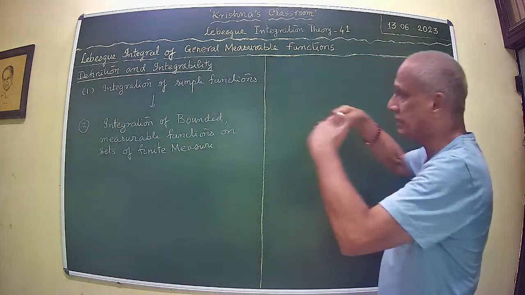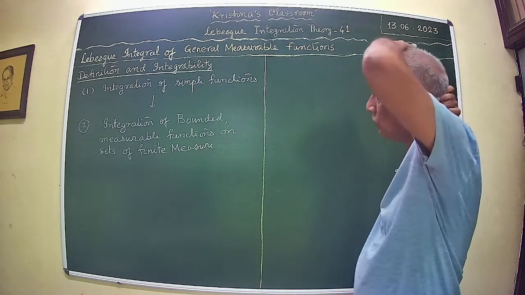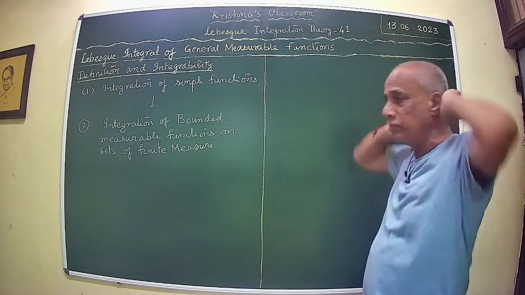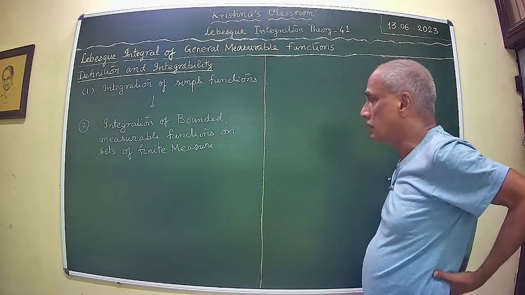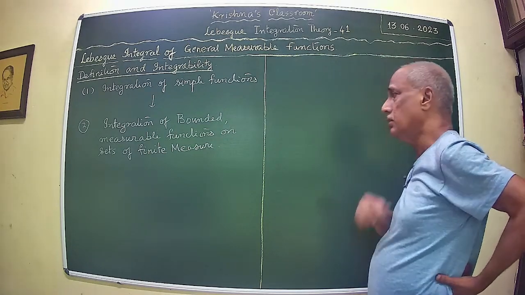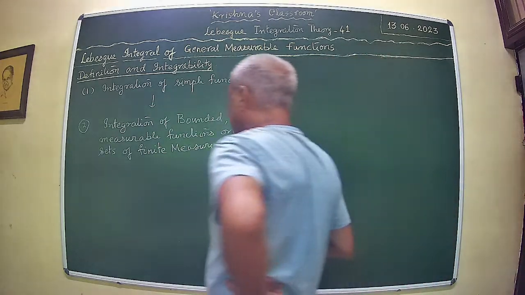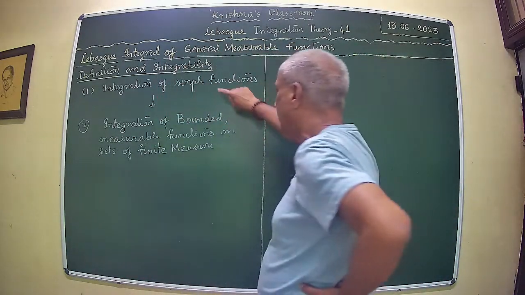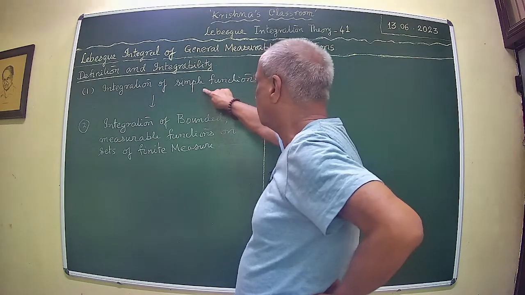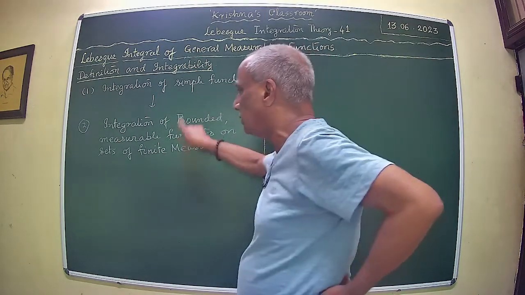So the second stage was essentially to work on bounded measurable functions defined on sets of finite measure. So that is the second thing, and we went beyond simple functions. Simple functions have all these properties.